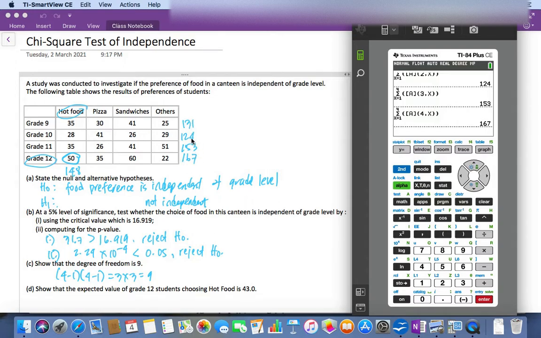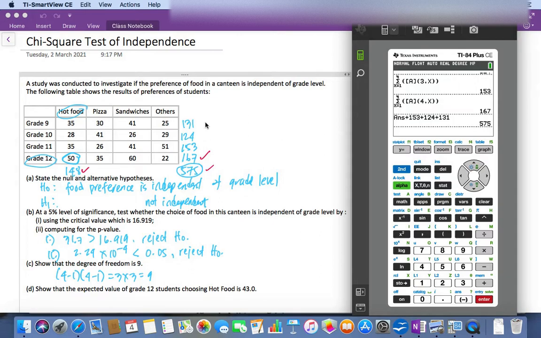Now I have all these sums. I'm just going to add them all up: 153, 124 plus 131. I'm adding all these values because I need that in getting the expected value later. So this is the total. The expected value for the grade 12 students choosing hot food is going to be row total times column total divided by the final total over here.